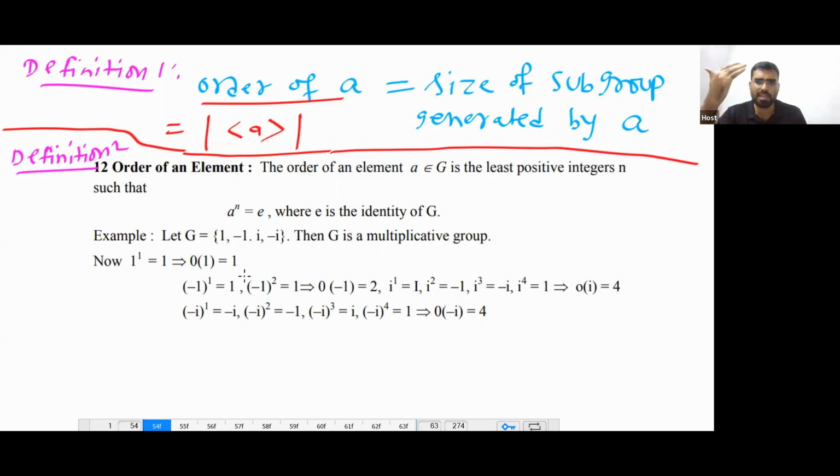I just wanted to tell you how they are related to each other. If you did not understand how they are related, don't worry about it. You can use any of them. This is not a hard thing.